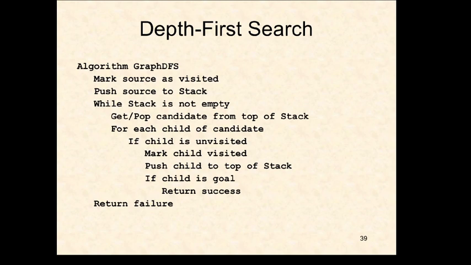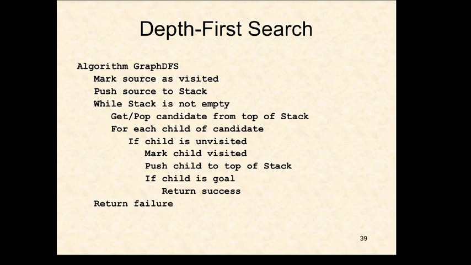I visit everything adjacent to it. It says every child, or we could say everything adjacent. We search everything adjacent to that candidate. If that potential other one is unvisited, we mark it as visited, we add it to the stack, and then we decide if that thing is our goal, we return. We just stop the whole algorithm and say it's a success.